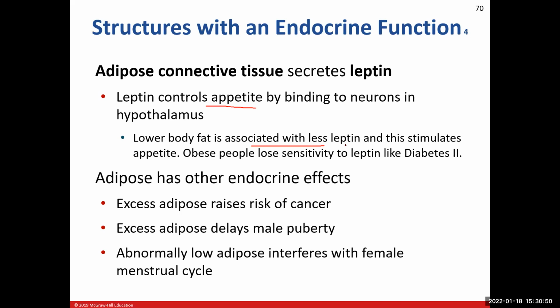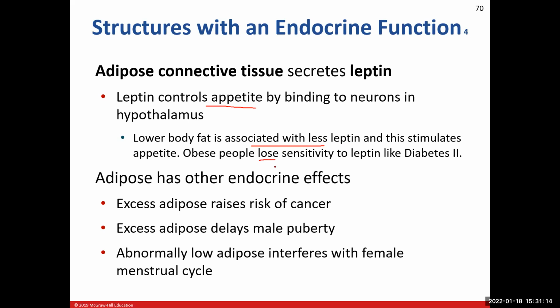Unfortunately, folks that have high body fat or obese, they lose that sensitivity to the leptin, like a type 2 diabetic would. So because they lose that sensitivity, their appetite is going to be stimulated when it shouldn't be stimulated. And that can be an issue there.